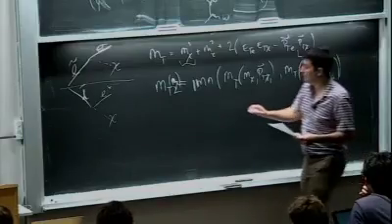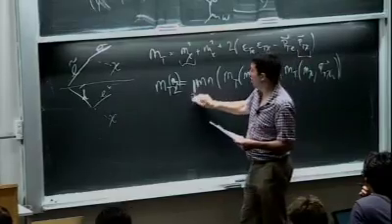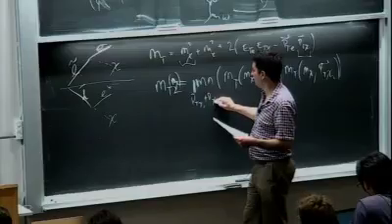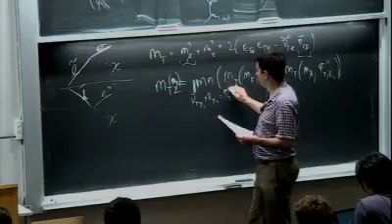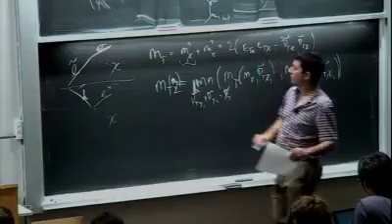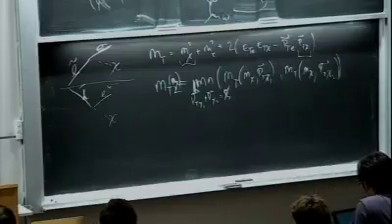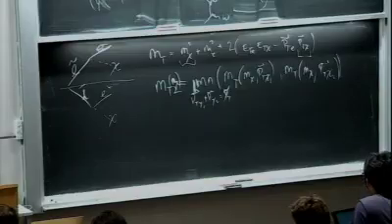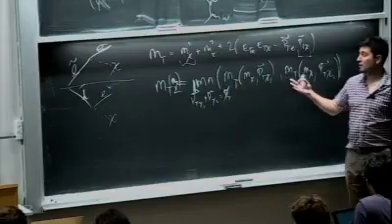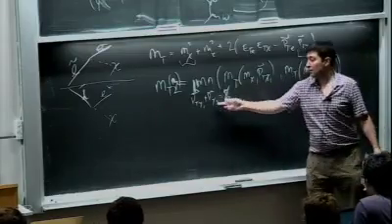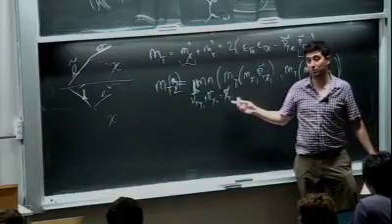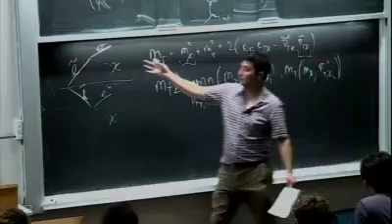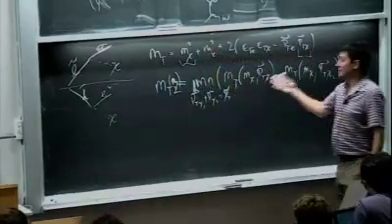And you minimize this over PT chi 1 plus PT chi 2 is PT missing. So we know that we have a constraint that the sum of the momenta equals the missing momentum, but we don't know how to distribute it. But for a given choice of partitioning of the missing transverse momentum into the two, you can calculate this for one half and for the other half, and then take the minimum.